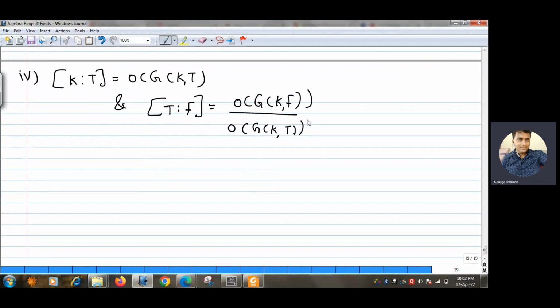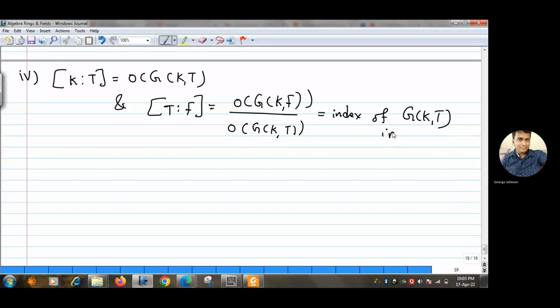Okay? We'll call this number the index of GKT in GKF.